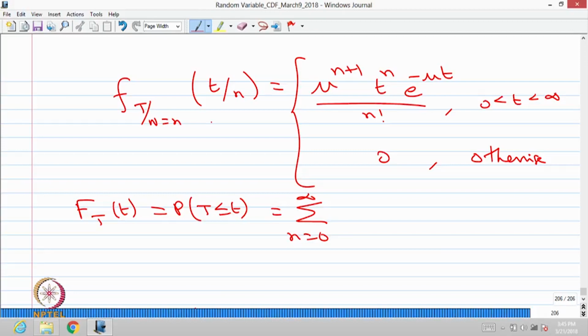Now, we need a conditional distribution, so instead of minus infinity, you can go from 0 to small t, of mu power n plus 1, s power n, e power minus mu s, divided by n factorial, multiplied by 1 minus rho into rho power n, ds.